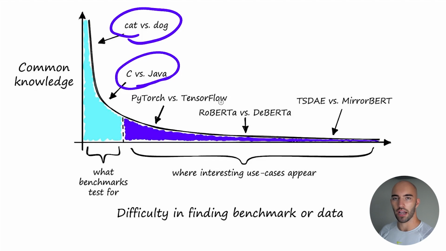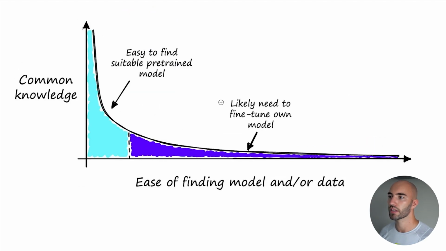So if we just modify that chart a little bit, we get this. We have the same thing, common knowledge on the y-axis. And what we have on the right, I've just renamed it: the ease of finding a model and/or data. Based on how niche your use case is, the harder it is going to be to find data for that niche. And the less data there is out there, the less likely someone else has already trained or pre-trained a model.